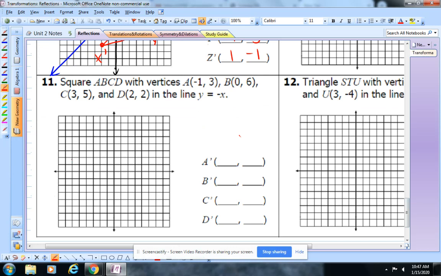All right. This one says we're reflecting in what line? Y equals negative x. So let's go ahead and graph that original square, please. Go ahead and graph the square. Graph and make sure you label your points when you graph it.